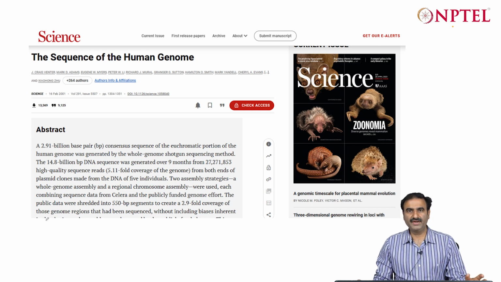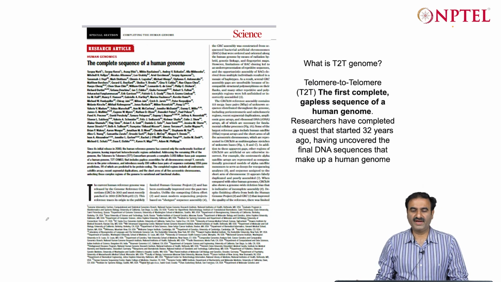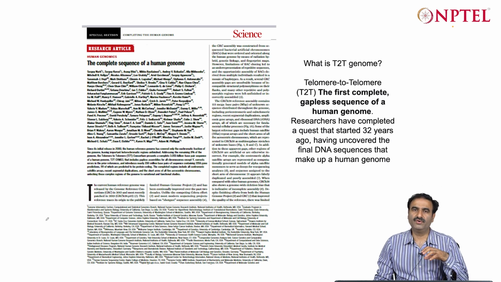So while talking about the human genome, it was not only the genome, it led to the transcriptome, metagenome of the human body, epigenome, right? And also the proteome. So all the different types of omics evolved while the human genome was going on, and the final sequence of the human genome appeared in 2022, where it took almost 32 years to complete, and it could give the telomere to telomere, like start to end coverage of the human genome.